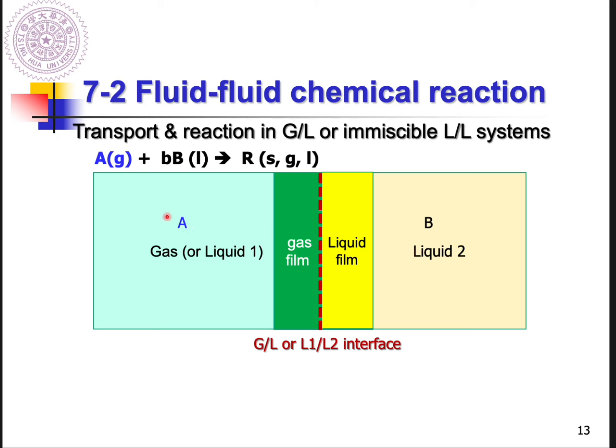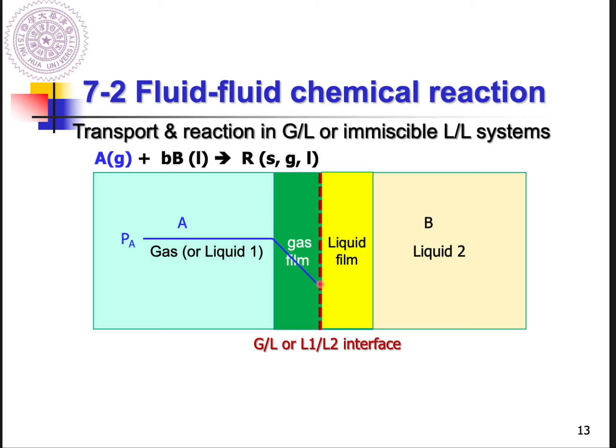Because this is a gas, in order to plot the concentration of gas A, we use the partial pressure. Molecule A in the gas film will diffuse through the gas film, and you can see that the partial pressure PA decreases as a function of location.